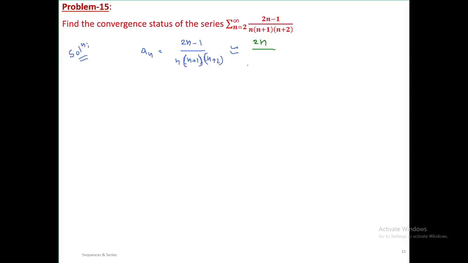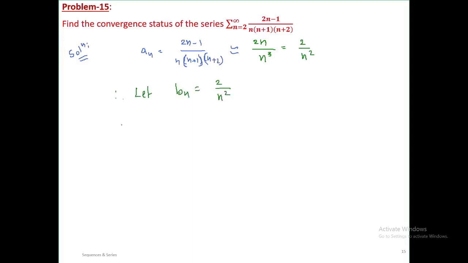And the denominator is n cube, a cubic polynomial. Therefore, I am writing n cube. So this will be 2 by n square. So let bn be 2 by n square. This is my bn.